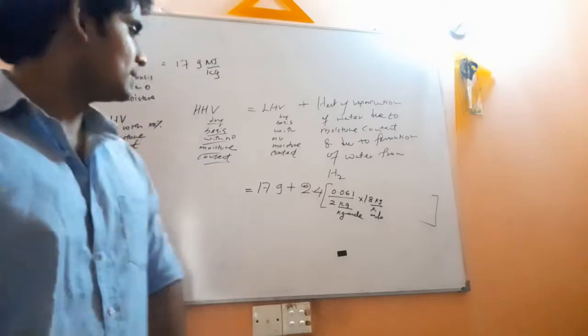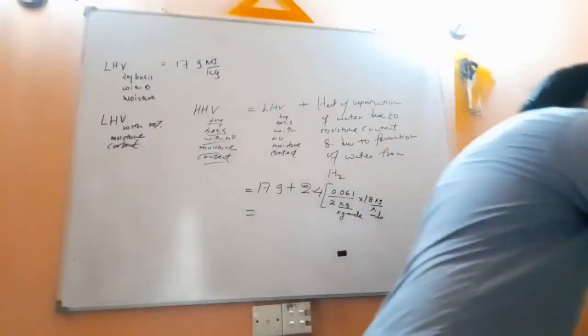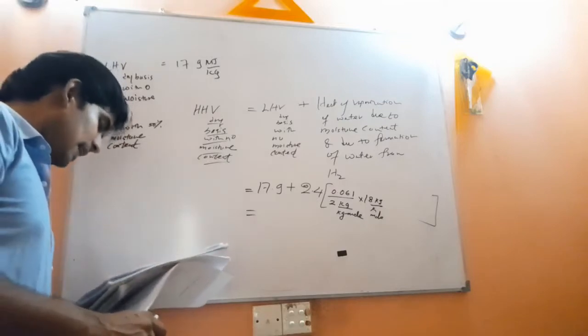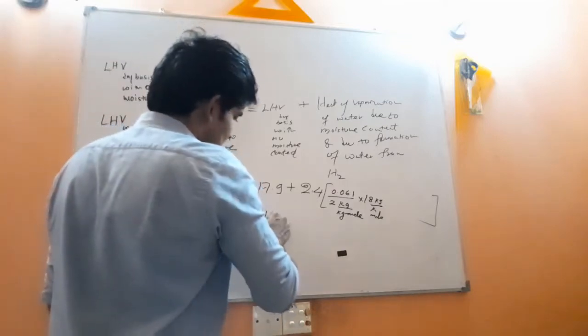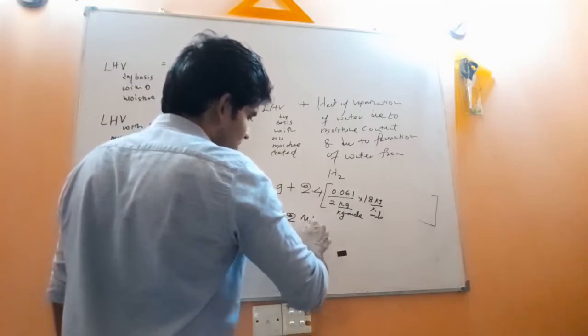Understand? If you solve this carefully, being very careful about the units, the answer you get is 19.22 megajoules per kilogram.